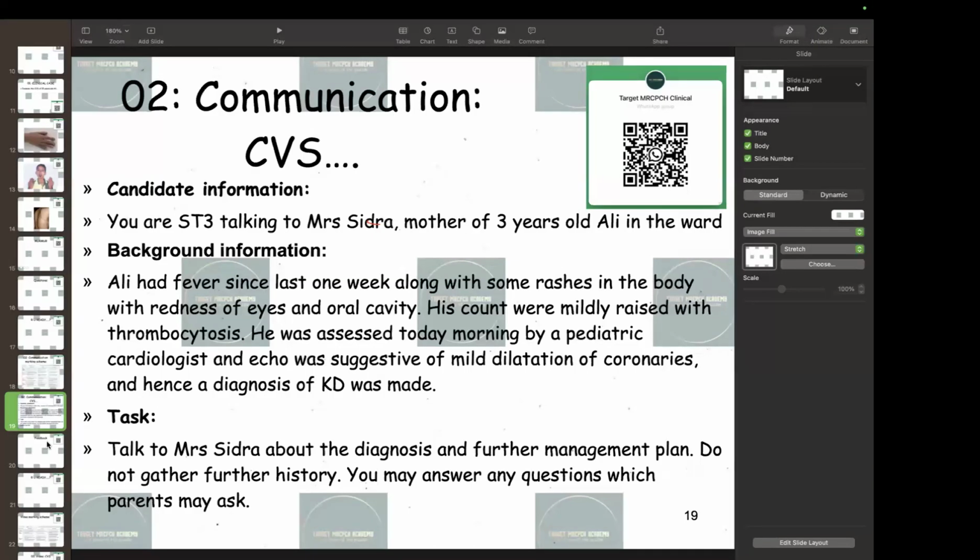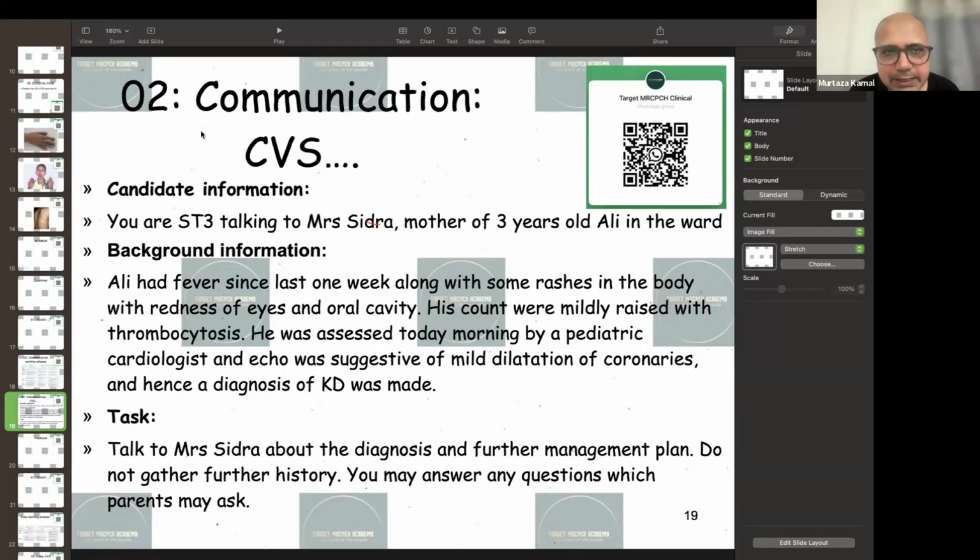One more thing, doctor. The doctor was repeatedly telling, "Don't worry, mother." Do we need to mention that in the scenario? Because mother, of course, will be worried about the kid. So you have to see this is Kawasaki with mild coronary dilatation. It is supposed to have a very good prognosis.